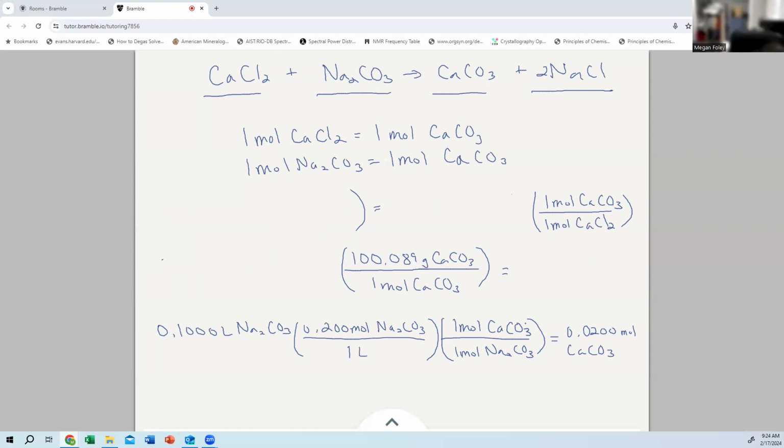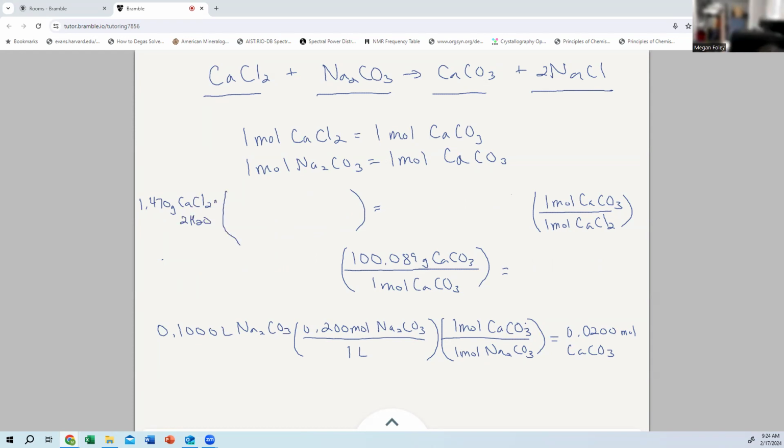I forgot about that. So we have 1.470 grams of CaCl2·2H2O because this is a dihydrate.